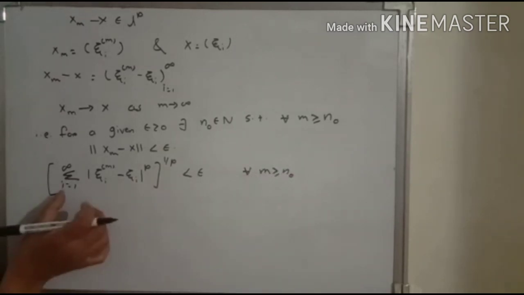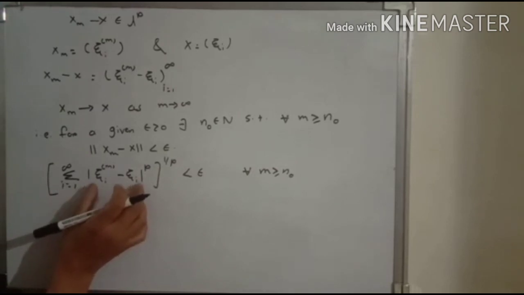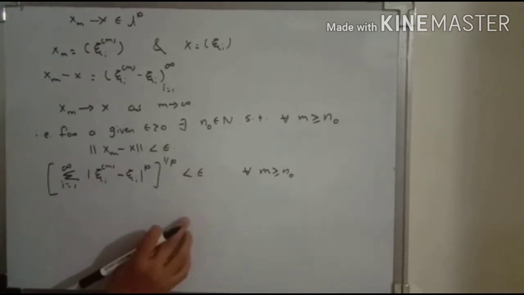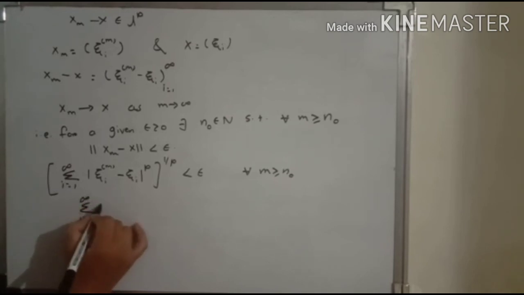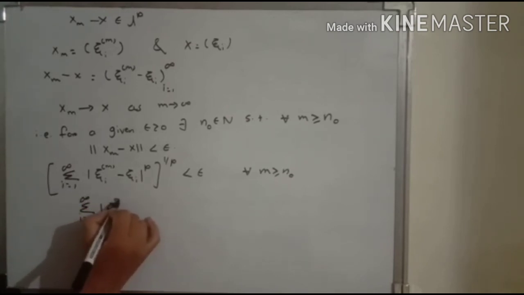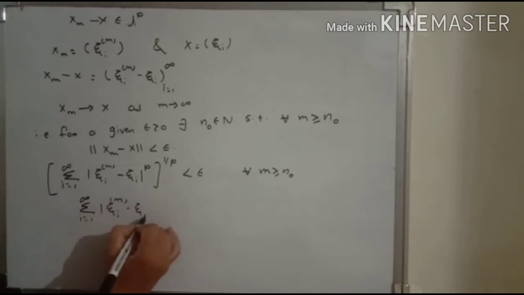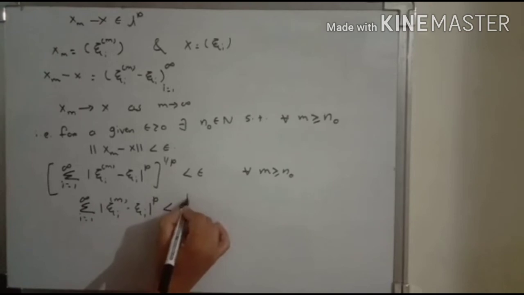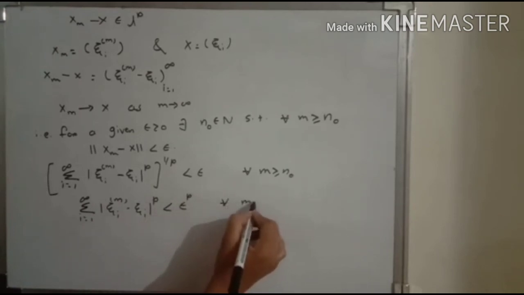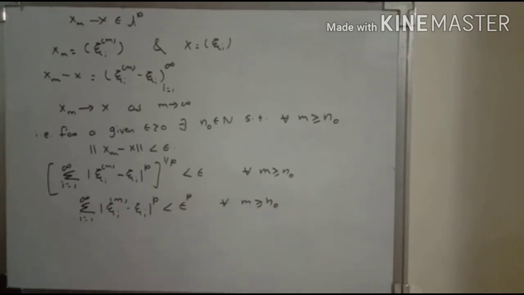Now here this is the sum of the absolute value, that means it is the sum of non-negative terms. Epsilon is also non-negative, so taking the power p on both sides, we get that summation I is from 1 to infinity mod of xi I m minus xi I to the power p is lesser than epsilon to the power p for all m greater than or equals to n naught.